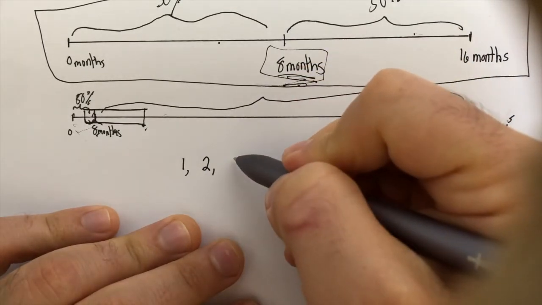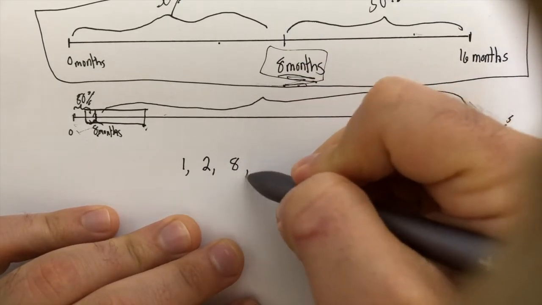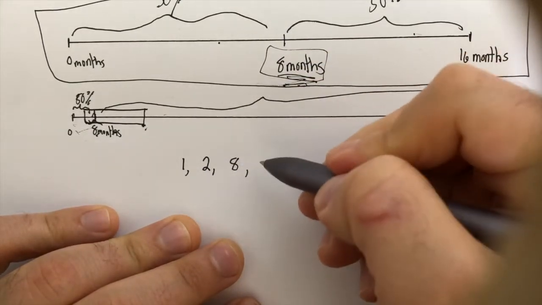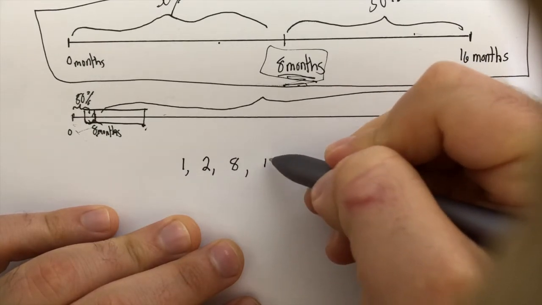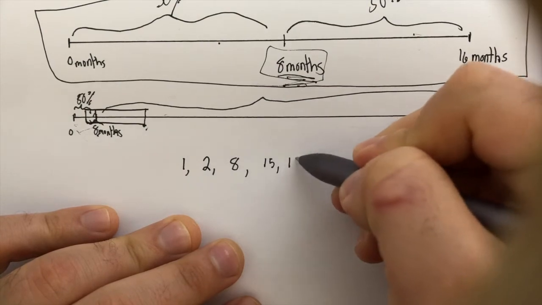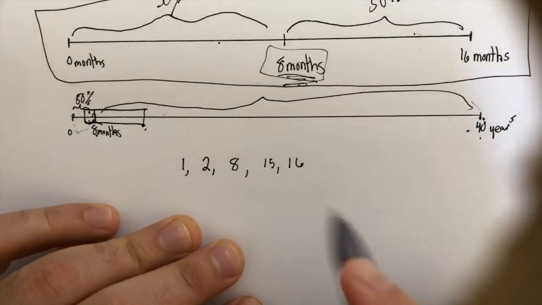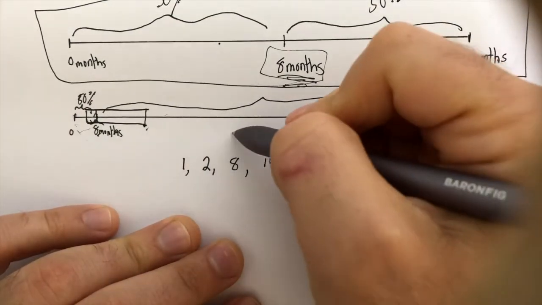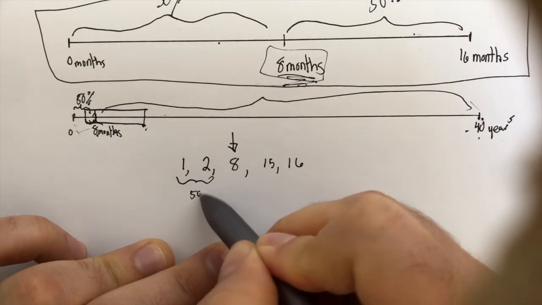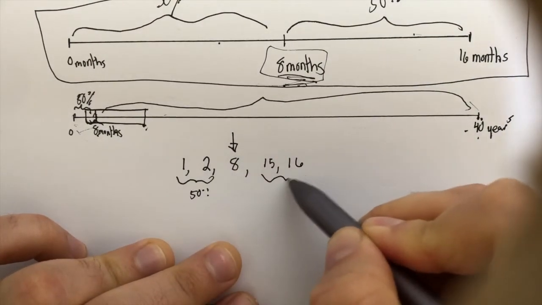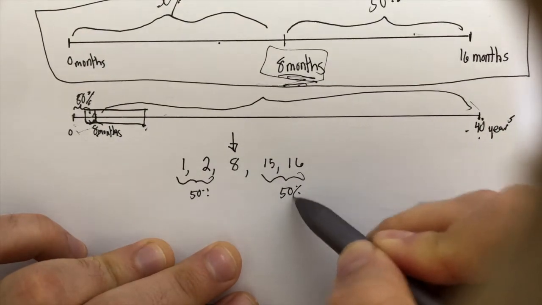Another person gets diagnosed, they die 8 months later. Another person, 15 months later, and 16 months later. Okay, this is the median, the middle number. Note, 50% of the data values are below it, 50% of the data values fall above it.